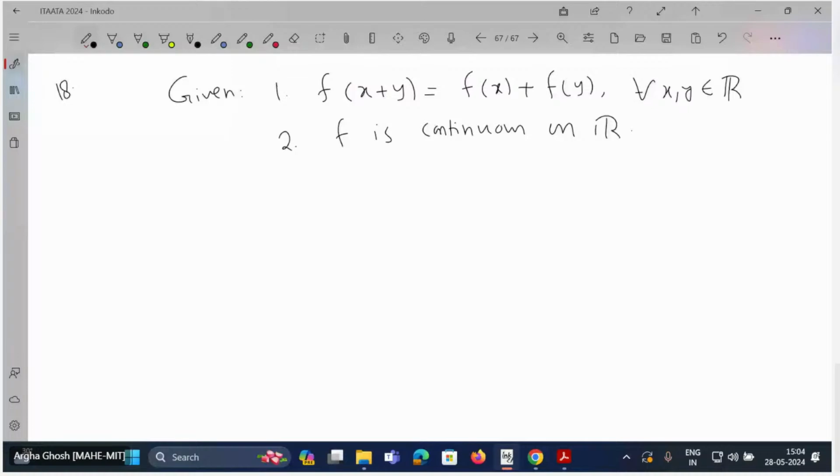What you have to prove? f is uniformly continuous on R. That means for any given epsilon greater than 0, try to find the delta such that |x - y| less than delta implies that |f(x) - f(y)| less than epsilon.